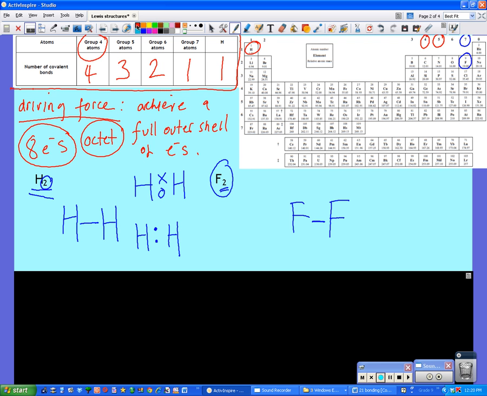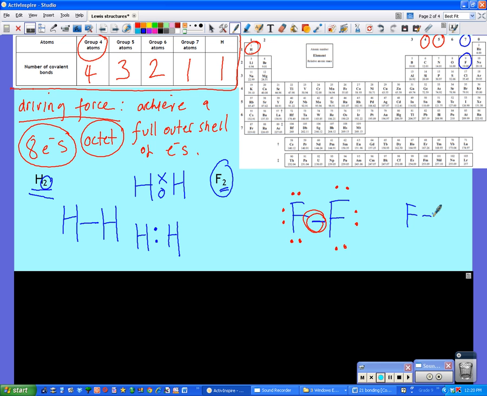The covalent bond, remember, represents 2 electrons. So we've got 2, 4, 6, 8 electrons around that fluorine, and 2, 4, 6, 8 electrons around that fluorine. I'll just draw it out again.